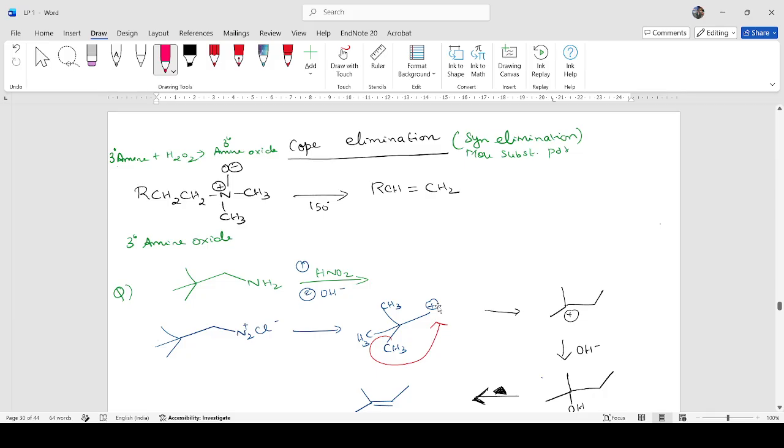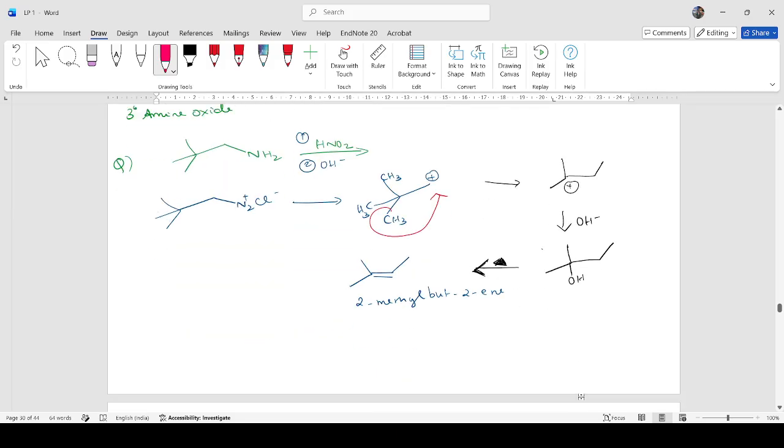I am trying to make it still more stable. So this methyl goes for a rearrangement so that I form a positive charge here. Look at the next step. I have OH minus. So what's happening here? The OH has got added here. To this we are heating it to form the more substituted alkene. Clear till this?